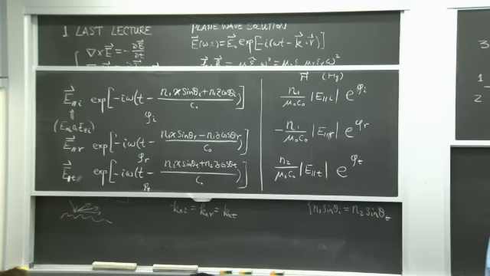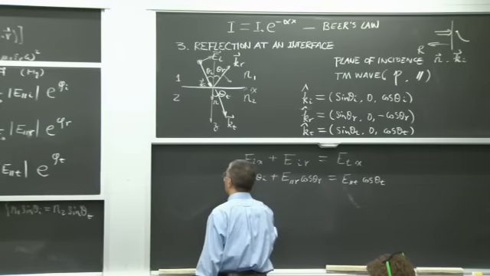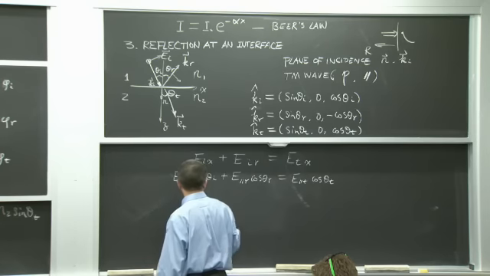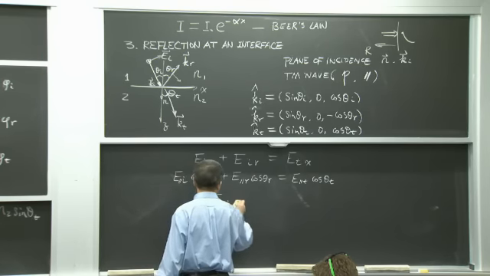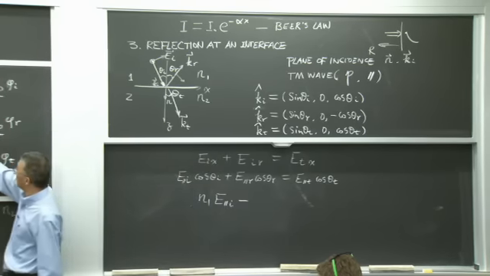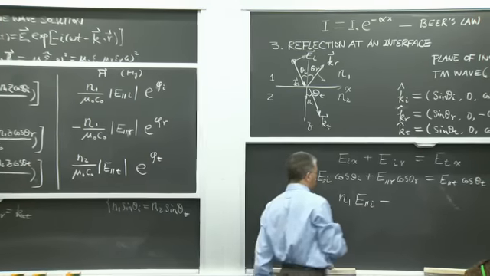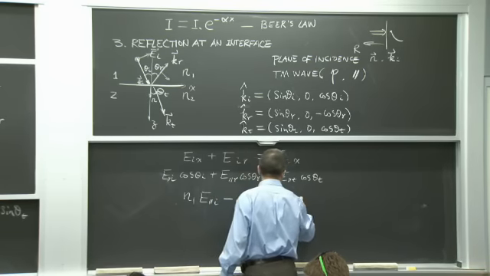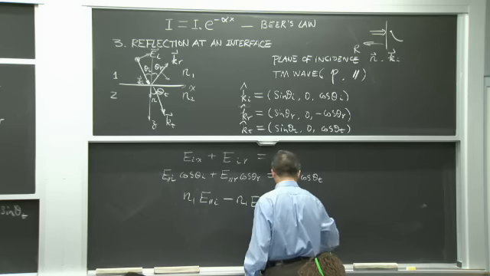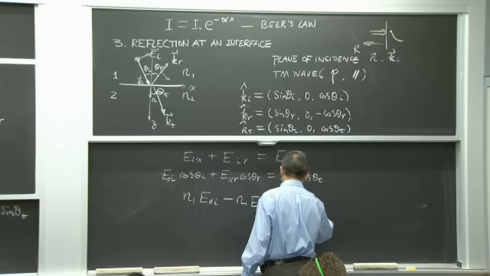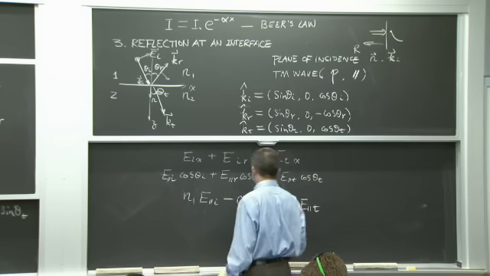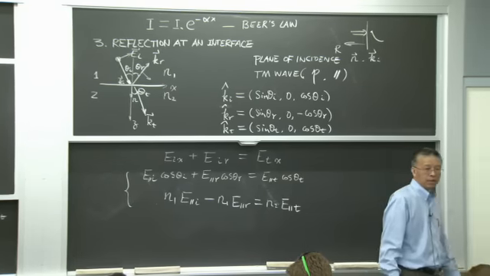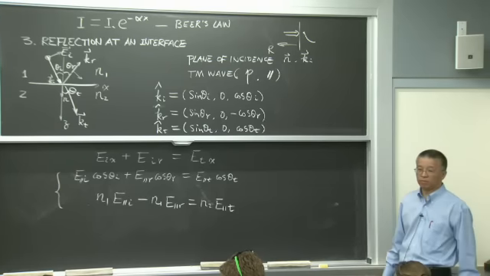So what I have here is n1, and in fact, the mu c cancel, right? Mu c is the same. So n1 E parallel I minus, the reflected is n1 E parallel R equals n2 on the other side, E parallel T. So those are the two equations I'm looking for.